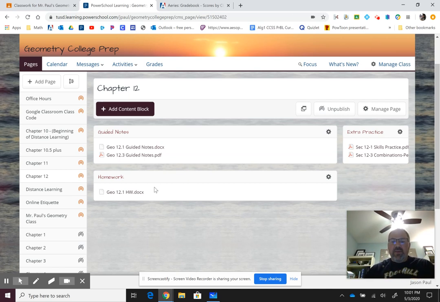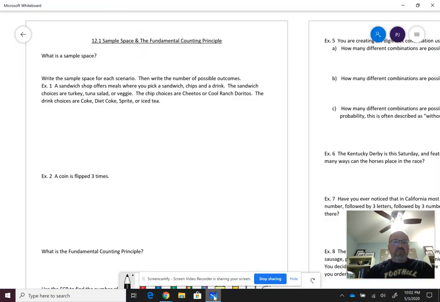For the notes today, your guided notes, you guys are going to be working on 12.1. This section has to do with what's called sample space and the fundamental counting principle. It'll be pretty simple. I'm going to use the whiteboard app, so if you want to download the file or open it up with your whiteboard, that's great.